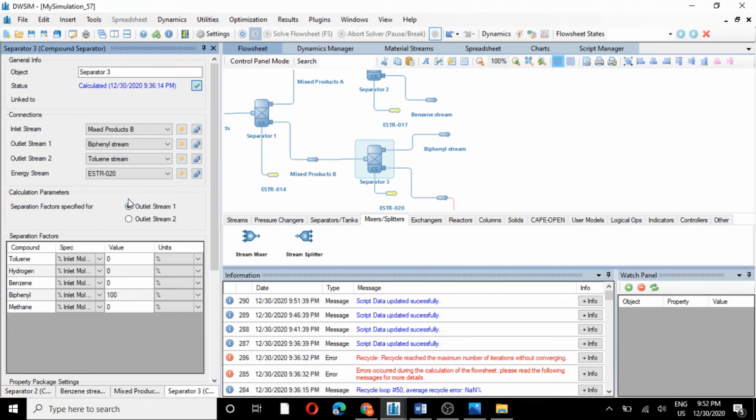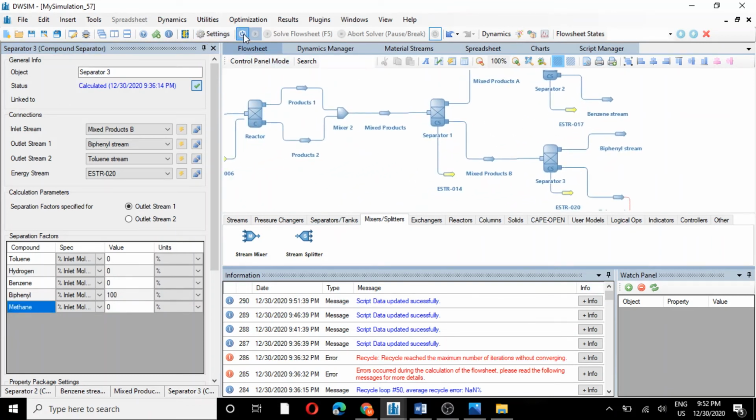This separation factor is specified for outlet stream 1, which is the biphenyl stream. Click enter. Then you have to solve this again.